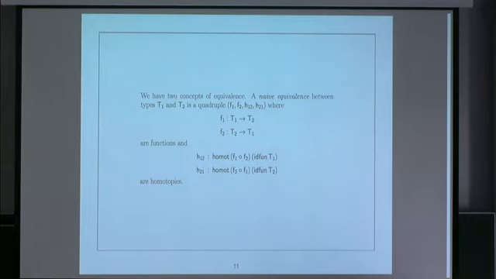So there is a naive equivalence between types T1 and T2. It's a quadruple, F1, F2, H1,2, H2,1, where F1, F2 are functions going in the opposite directions, and H1,2 and H2,1 are homotopies of the corresponding compositions with the identity functions.